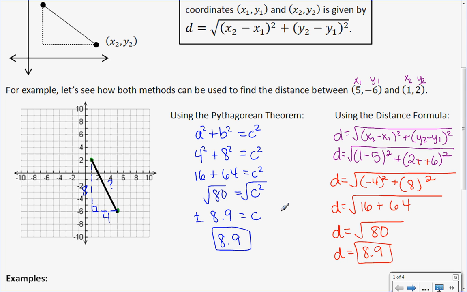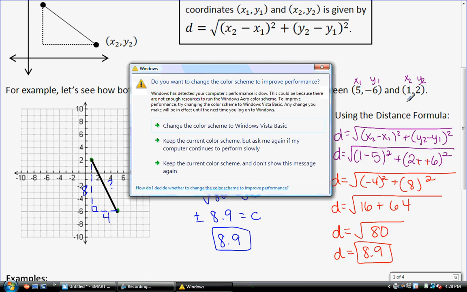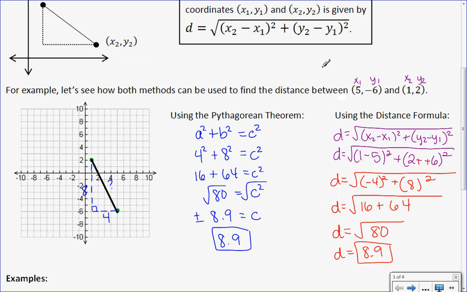The other thing to keep in mind is, what if you had some numbers that were not as nice as these numbers that we had? Let's say you had coordinates that were fractions or decimals, or maybe really, really large numbers. You wouldn't want to have to draw a graph that big for large numbers, and you certainly wouldn't be able to count spaces on the graph very easily if they were fractions or decimals.